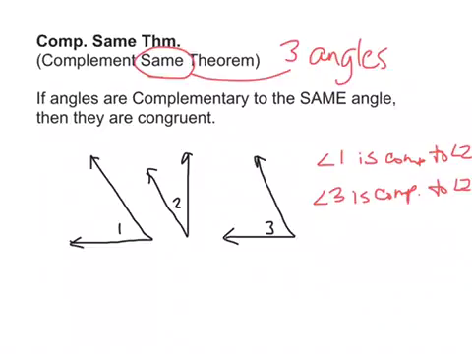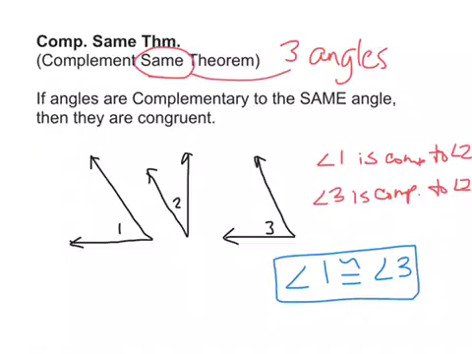So you've got angles 1 and 3 that are complementary to the same angle 2. When that happens, you can conclude that angle 1 is congruent to angle 3.